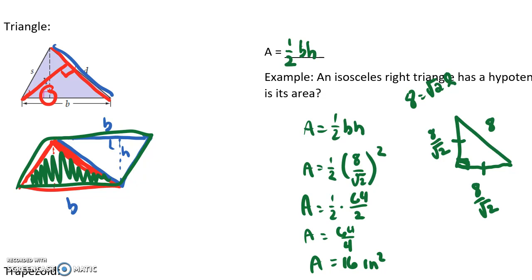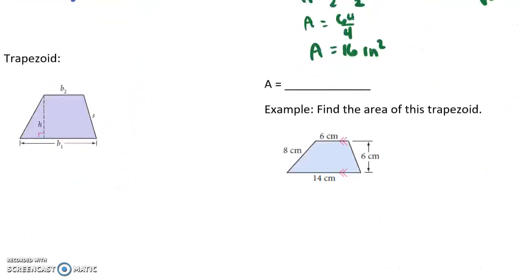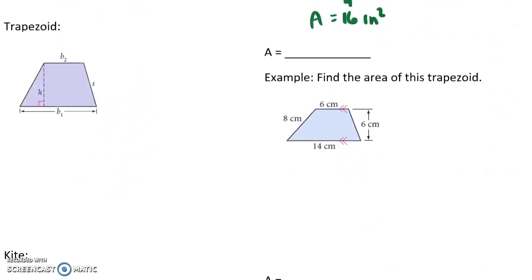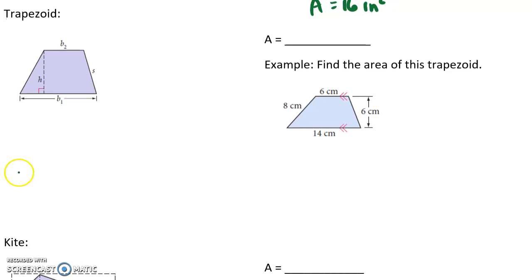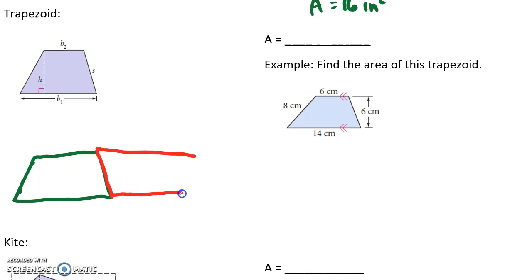We are going to use the same technique for working with a trapezoid. If we look at the trapezoid, here it is. If we double the trapezoid, make a copy, and then rotate it, it looks like this. So now we have, again, a parallelogram.